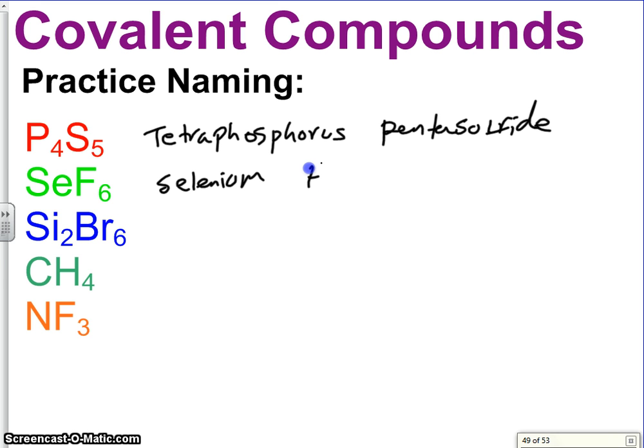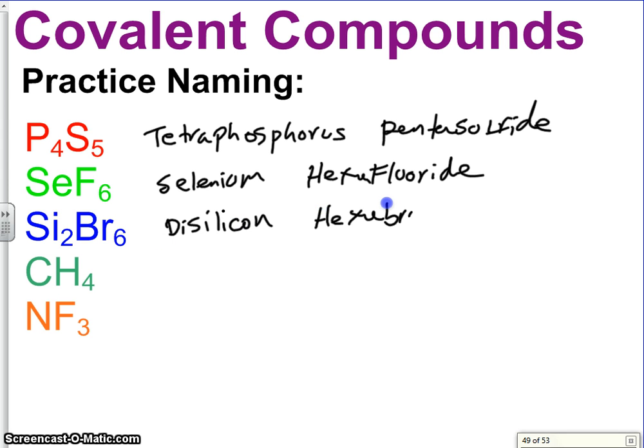Fluorine is hexa fluoride, because there are 6 of them and we change the ending. Si2Br6, disilicon, and then hexa, because there's 6, bromide. And you get the basic gist. CH4 would be carbon tetrahydride, NF3 nitrogen trifluoride.